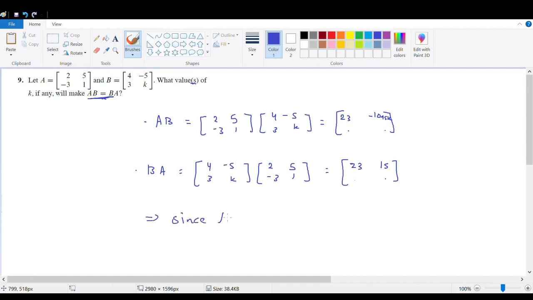Since AB is equal to BA, they have the same element in the same place. So minus 10 plus 5k should be equal to 15. From here k is equal to 15 plus 10 divided by 5, which is just 5. So k should be equal to 5.